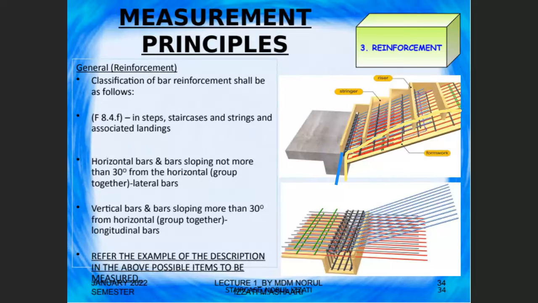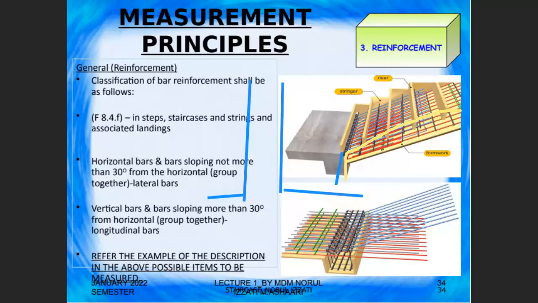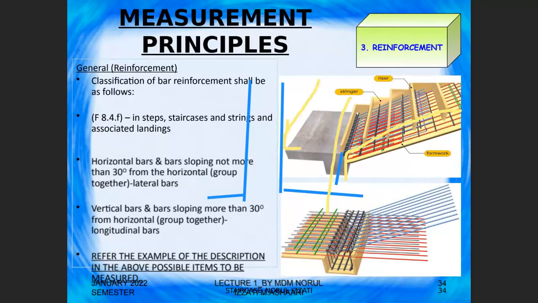Make sure you measure the bar that is interconnected with another element together. You remember last time we had the bar reinforcement like this, straight, and then you have like this, and straight, you have like this in your column, stump, and also in your foundation. So you have to measure this and this one together, right?